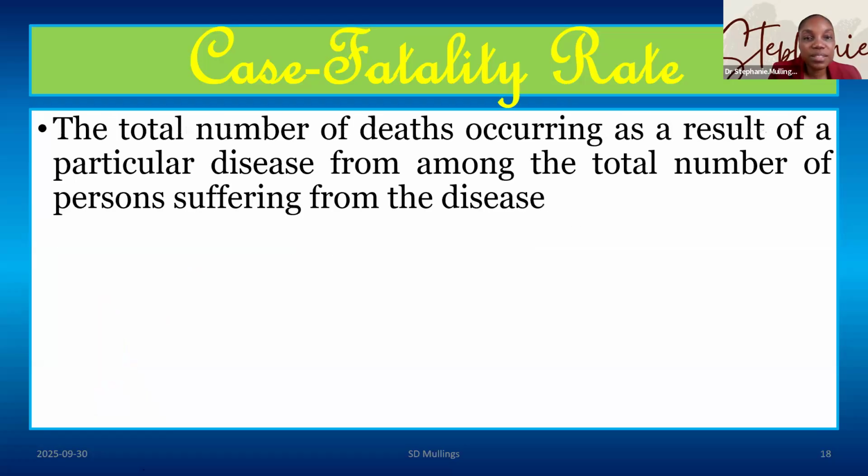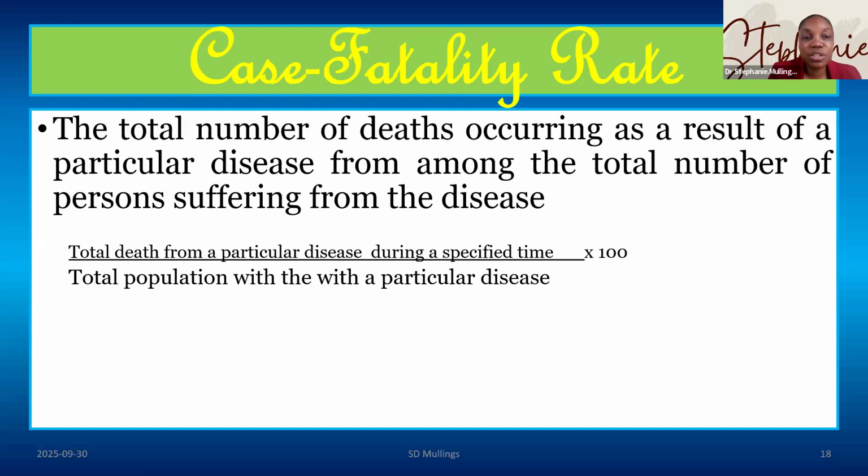Case fatality rate is another mortality rate that is calculated. And this is usually used, especially when we have, for example, maybe it could be a pandemic, or it could be just general that we're looking at a particular disease and we want to know how many persons who developed this disease actually died from the disease.